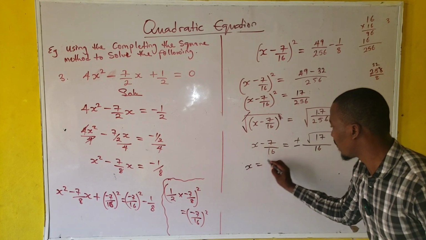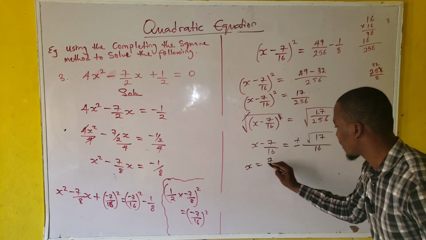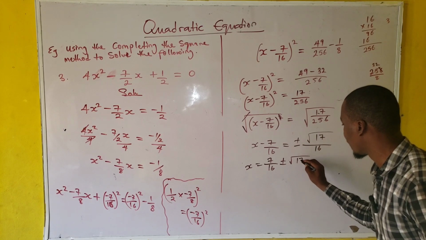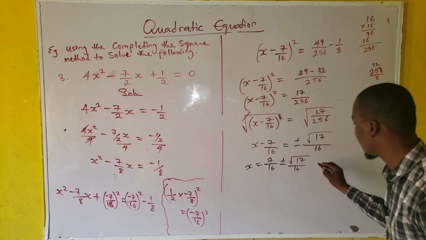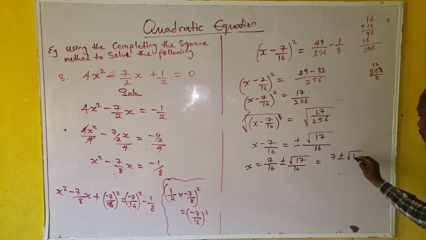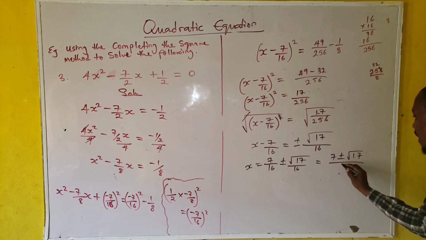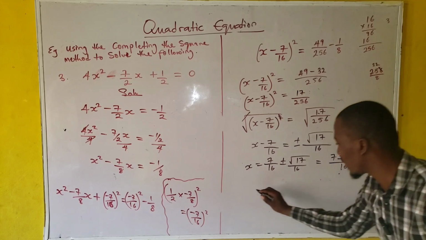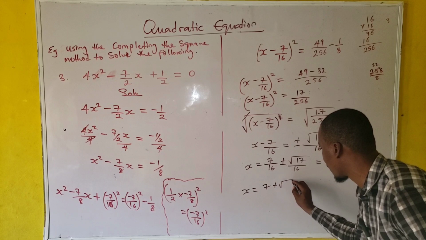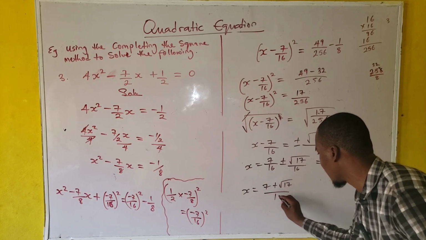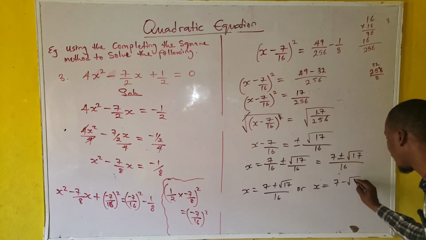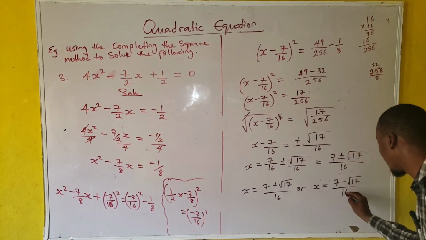So x will give me, this one crosses over here, 7 over 16 plus or minus the square root of 17 over 16. So that will give us 7 plus or minus the square root of 17 over 16. So you can now solve for your x, which will give you 7 plus the square root of 17 over 16, or x equals 7 minus the square root of 17 over 16.